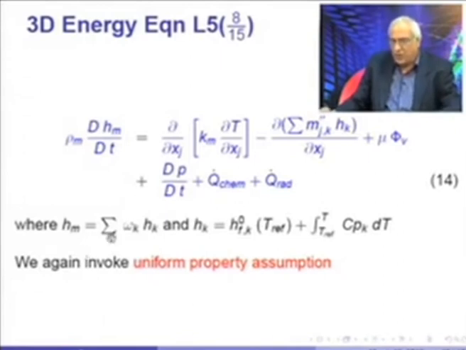Hm, as you know, is the sum of omega k hk. Hk is the specific enthalpy of species k, and Hk is also given as the heat of formation at some reference temperature T ref plus the sensible heat, integral of Cpk dT. We again invoke the uniform property assumption.